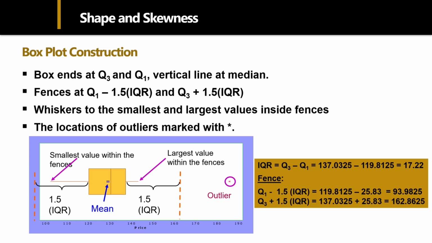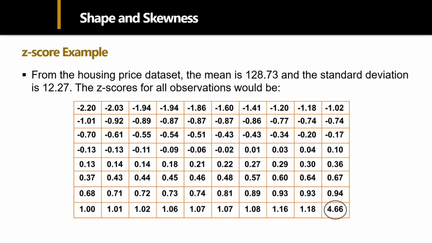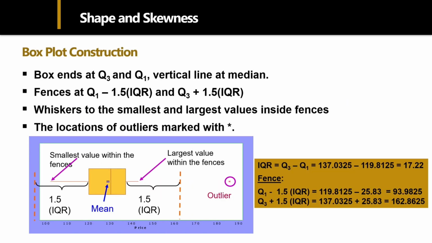So we can see that any value that is less than about 94,000 or greater than about 163,000 should be considered an outlier for this data set. I'll go back to the previous slide and see that we have one observation right here that is more than 4.5 standard deviations away. And sure enough, going back to the box plot, Minitab has marked it as an outlier and circled it with a star.